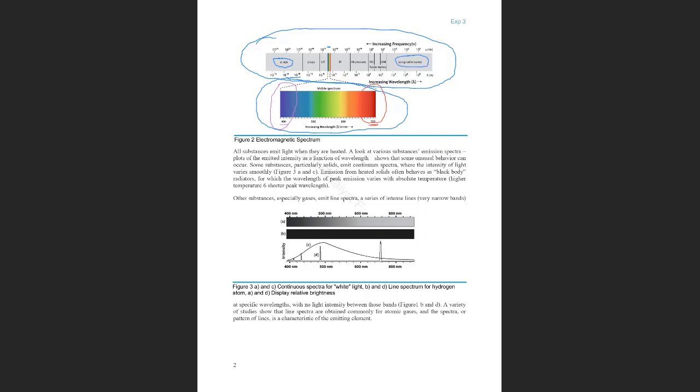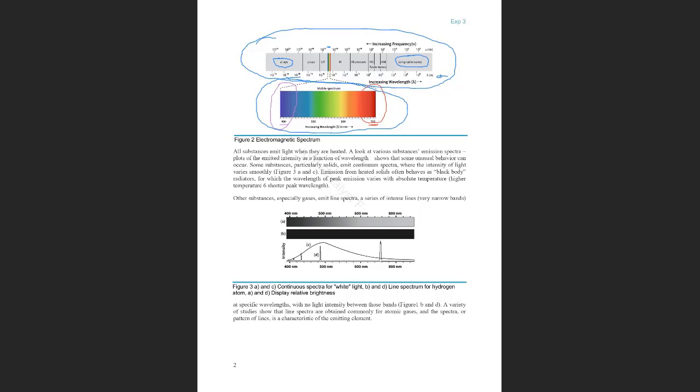And the lambda in this scale is about 10 raised to the 5th power in meters. So now we have an idea of what the electromagnetic spectrum is.